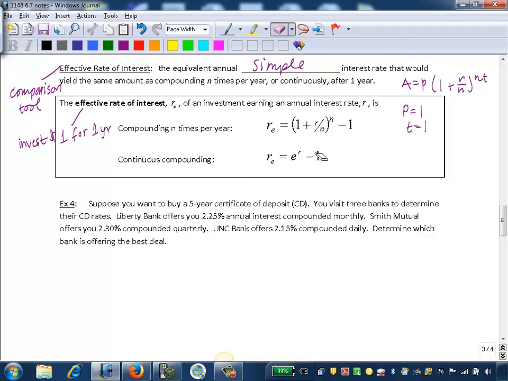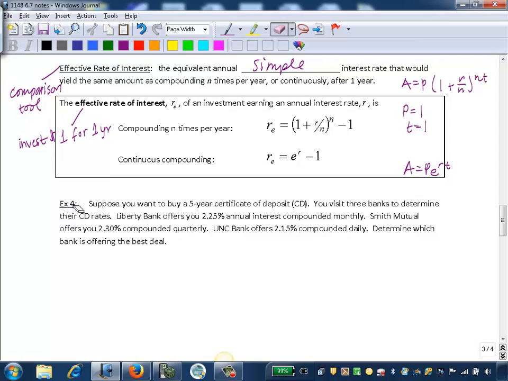For continuously compounded interest, remember our formula, P times e to the RT. Here, if you put a P of 1 and a T of 1, you'll just be left with e to the R. So if you want to see how much you make on that $1 at the end of a year, you just subtract off that initial dollar and you'll get the amount that you make. So it's a nice, easy way to compare different interest rates and different compounding periods.